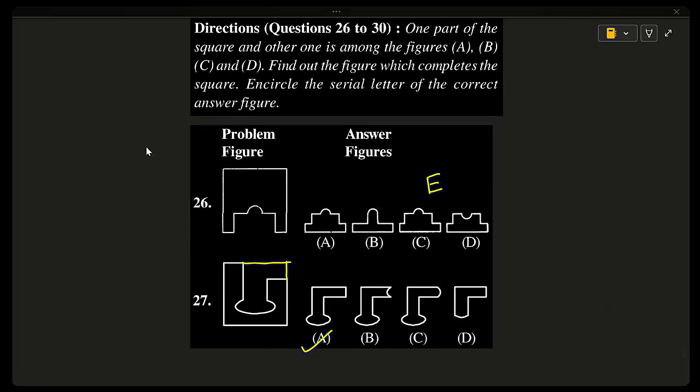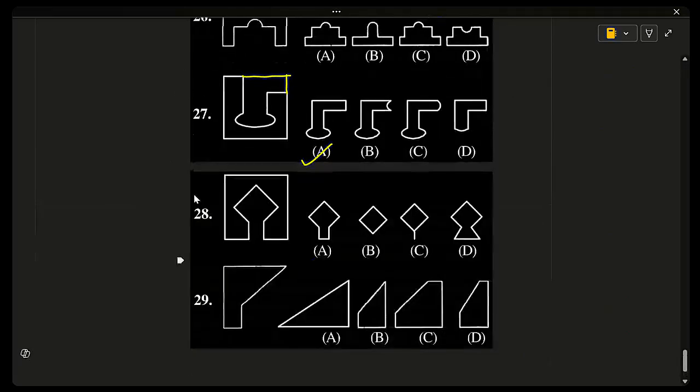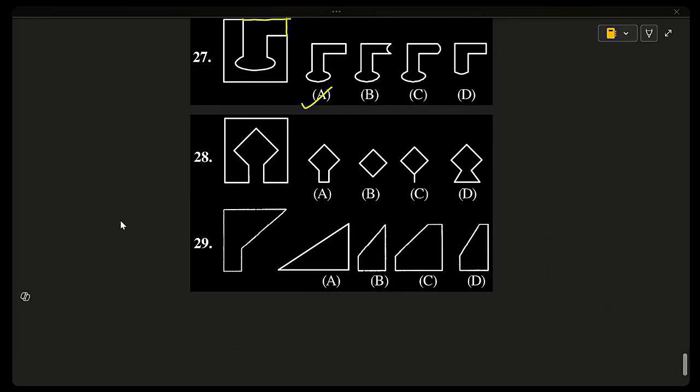Next, the 28th and 29th we will take. Yes, 28th one. Just try to complete the square.